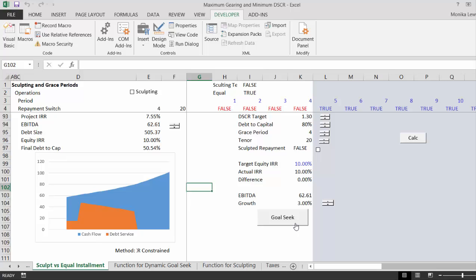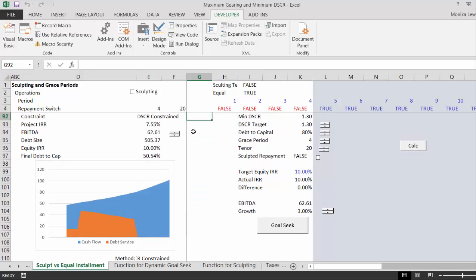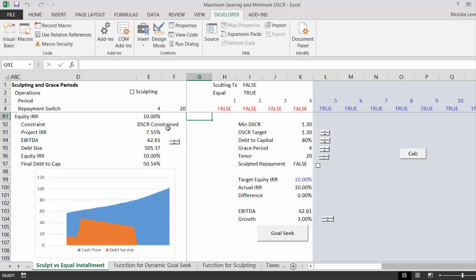I don't know if that's significant or not, but we can start to really see these kinds of effects. And right now, what kind of constraint are we? We're DSCR constrained, and this one we're still DSCR constrained. So if we change this, it doesn't affect anything.